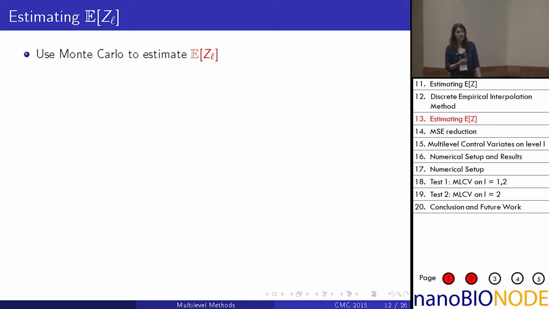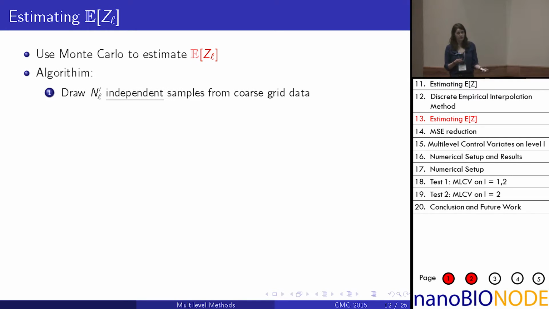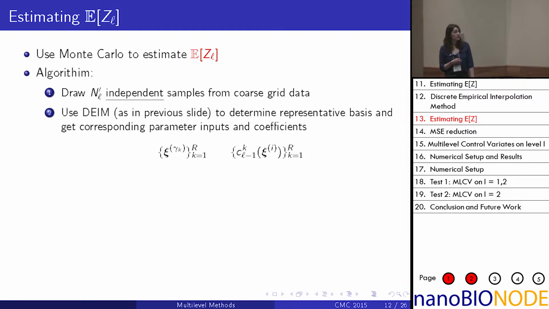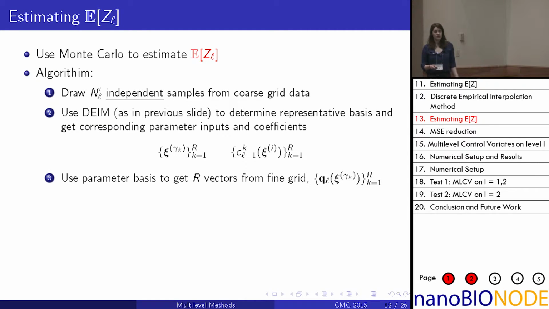Using Monte Carlo, we're going to estimate our expected value, and our algorithm is going to be pretty similar, except we're going to draw N_L prime independent samples from our coarse grid data. We're going to use our DEIM process, as in the previous slide, to determine our representative basis on the coarse grid, and we'll get these corresponding coefficients. So we have a lot of cost on the coarse grid, but then we're going to run only capital R fine grid samples.